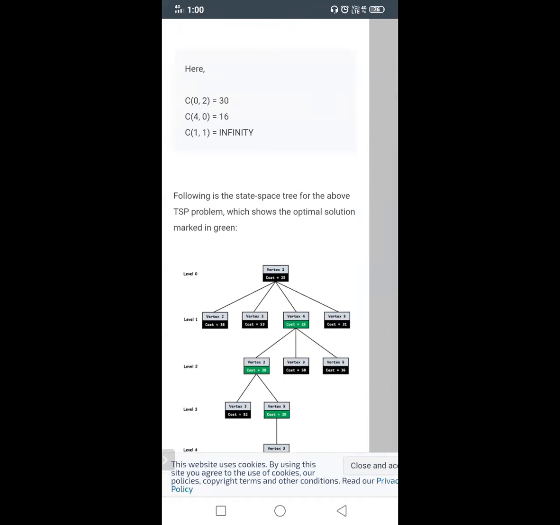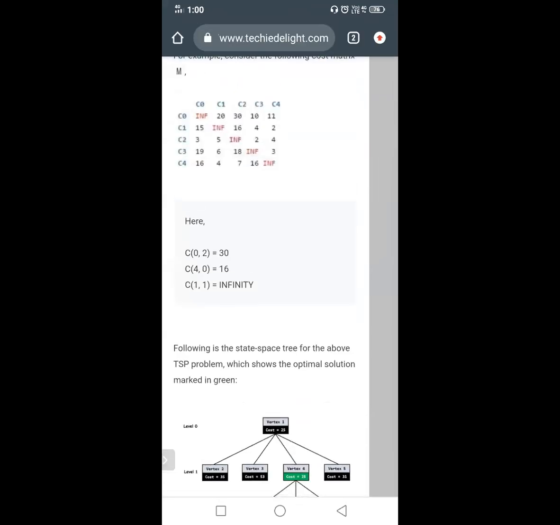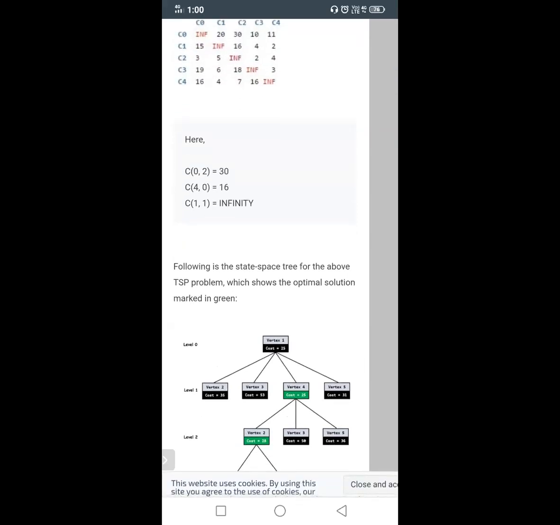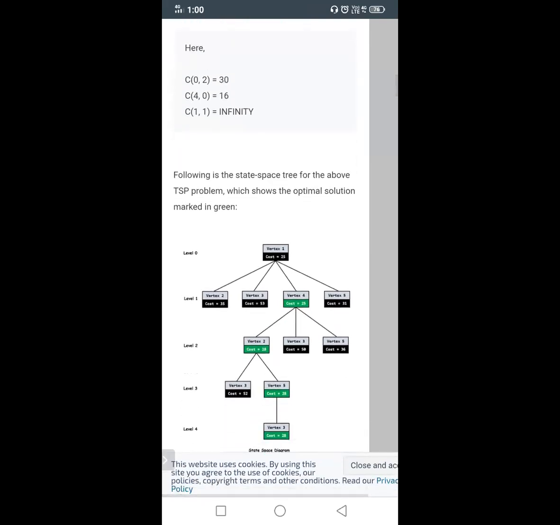So out of these 5 rows, 5 columns, which node am I considering as the root or starting node? Okay, so which one am I considering as the starting node?